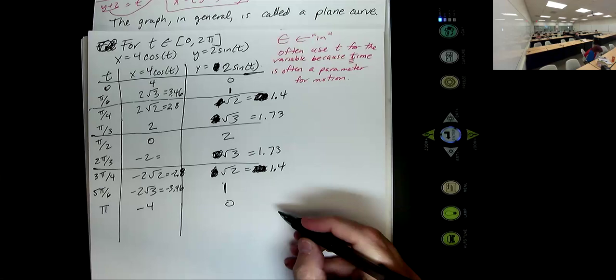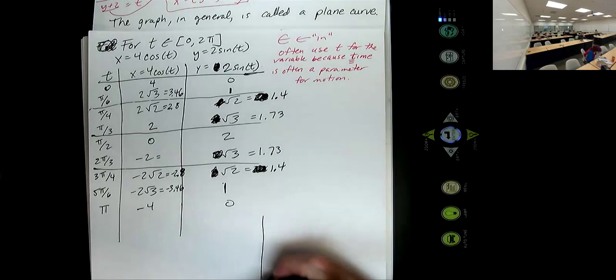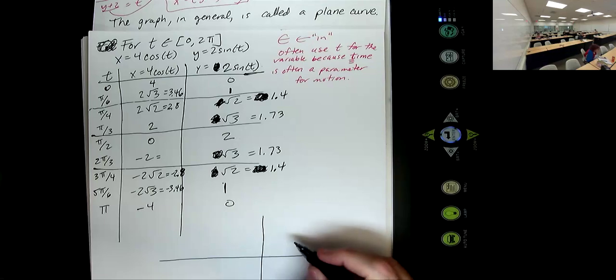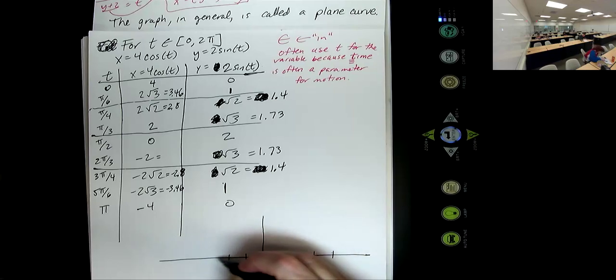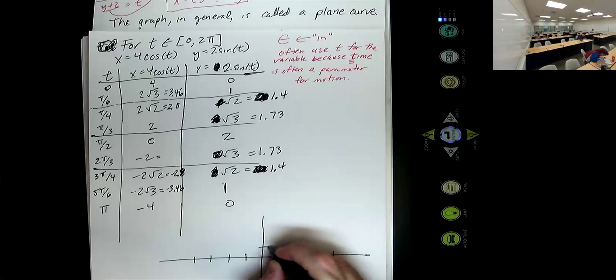Looks like if I try to graph this, I need to be able to go out as far as +4 to the left and right, and as high as 2.